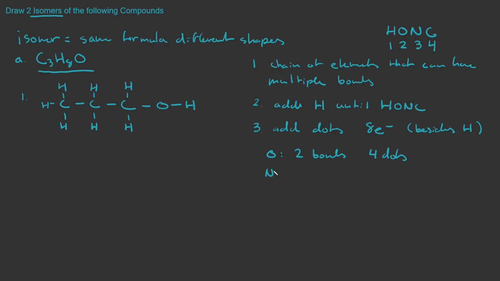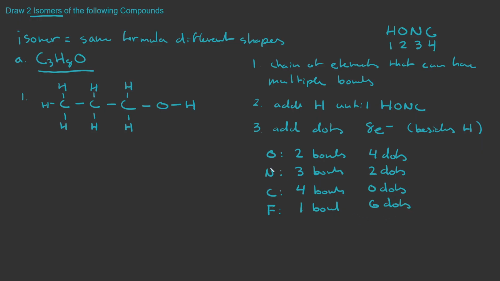Anytime you have nitrogen, it will have 3 bonds with 2 dots. Anytime you have carbon, it will be 4 bonds with 0 dots. And if you have fluorine, that'll be 1 bond with 6 dots.